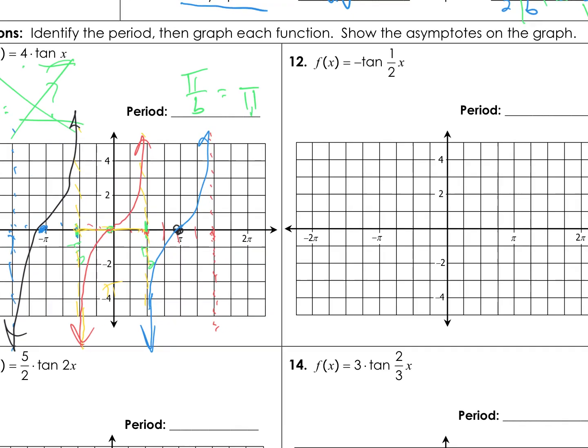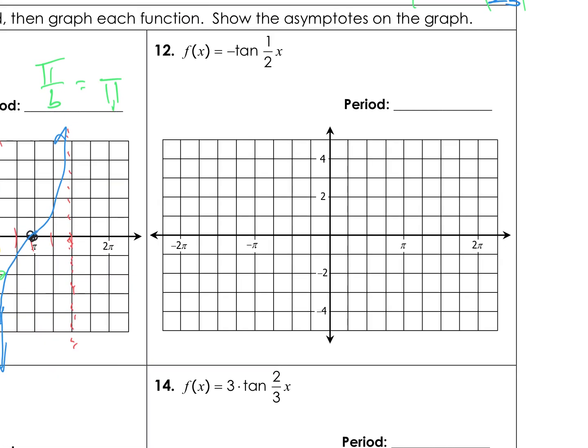All right. What if there's a B now? Uh-oh. And this has a negative. So my period now is going to be pi divided by what? 1/2. Well, what is pi divided by 1/2? It's pi times 2. 2 pi.